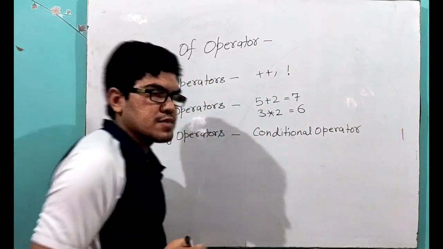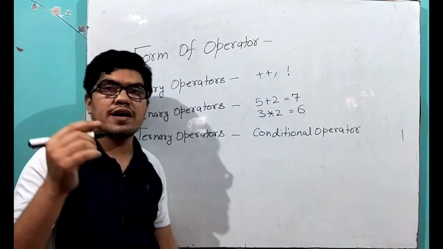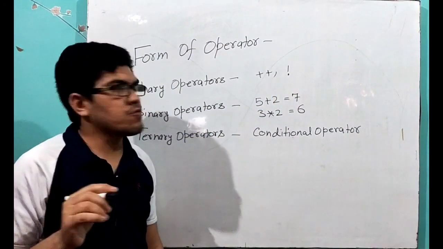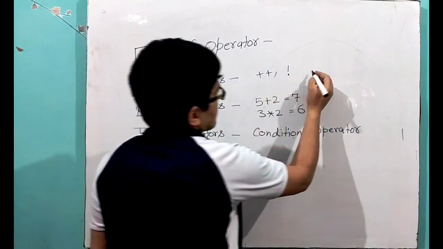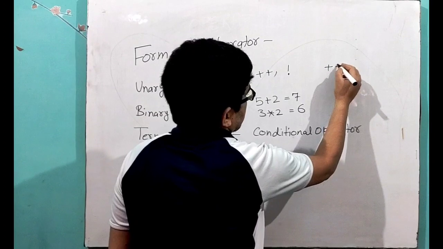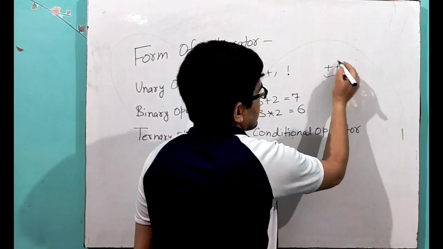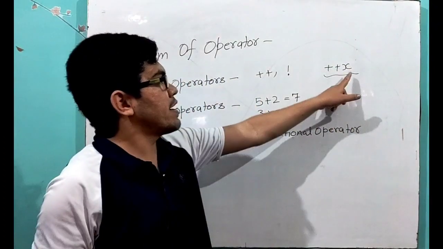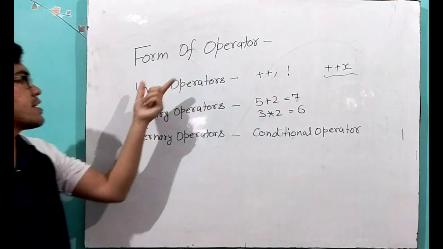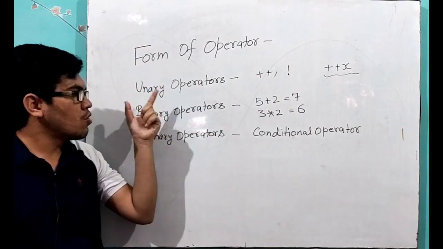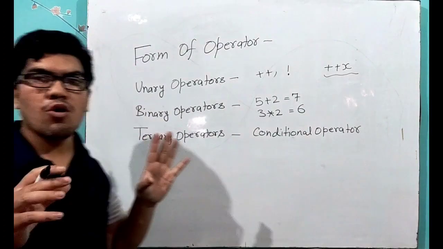Logical NOT is also a unary operator because it requires only one operand to perform an operation. Let me write an example. Plus plus x. So here you can see this increment operator requires only one operand. That's why this operator comes under the category of unary operator. Okay friends, so these are the forms of operators.